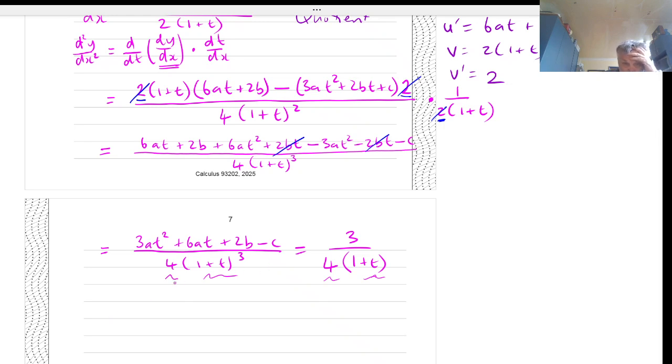If we just multiply up by this denominator here, put it over here, the 4's will cancel and one of the 1 plus t's will cancel. So we'll end up with this equation here to solve.